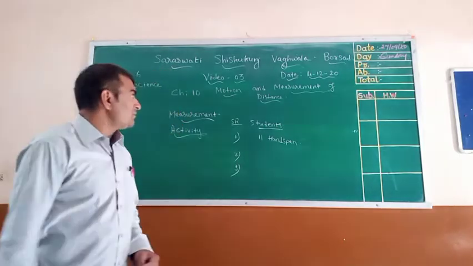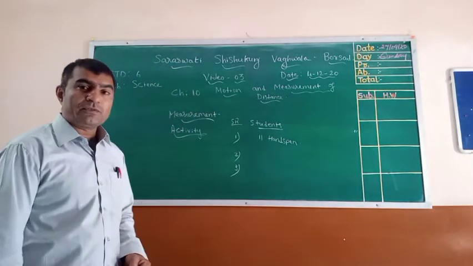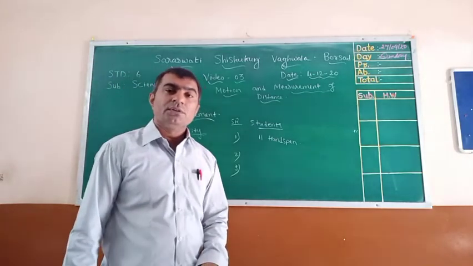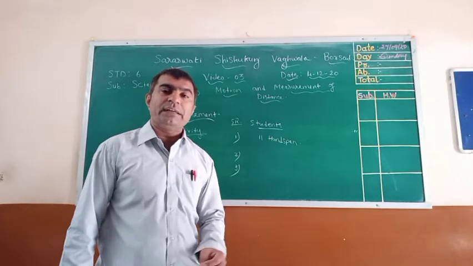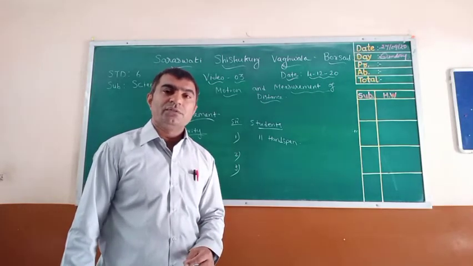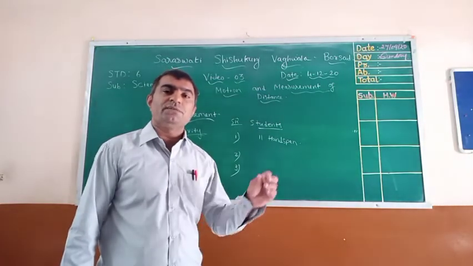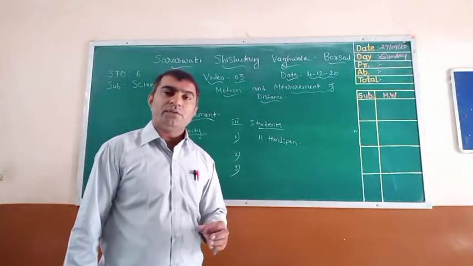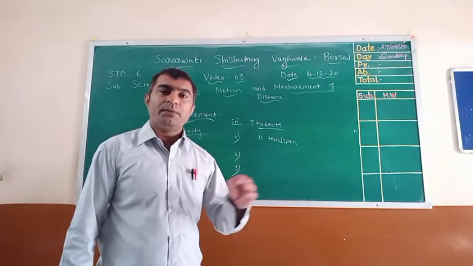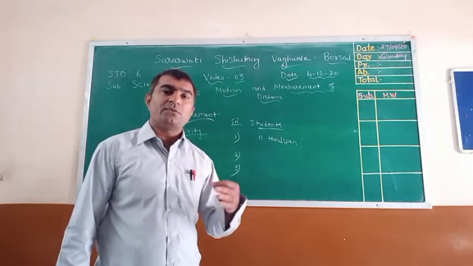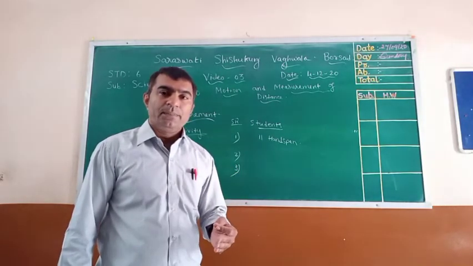So today in this video we have seen what is motion and modes of transport, how people used to carry goods in the olden days, and which modes of transport were used in the olden days. We have seen the history of transport. First, people used to move from one place to another by walking, and they carried their goods on their back, and then came the invention of the wheel.